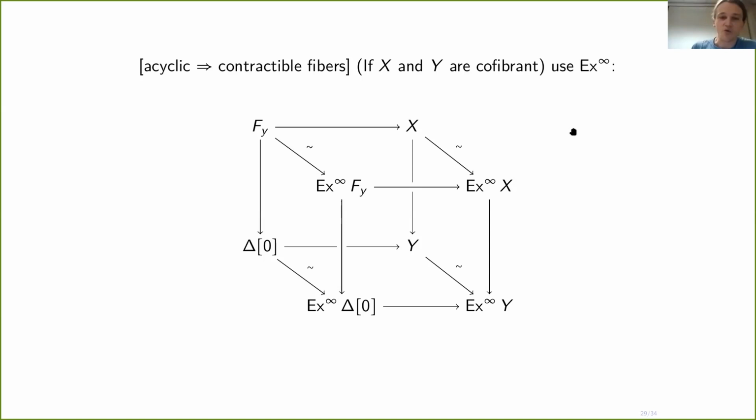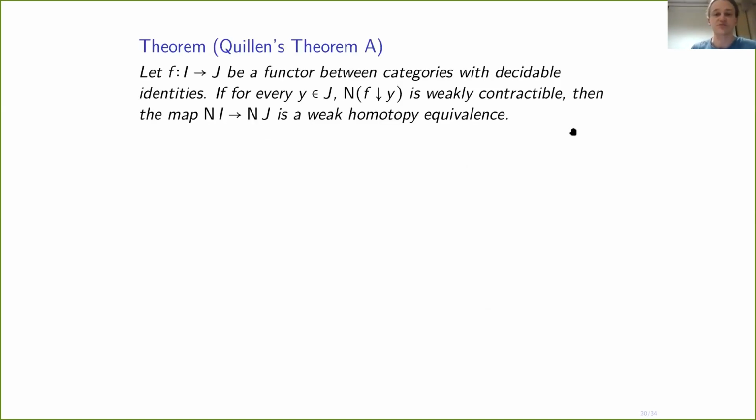So one thing that we are going to use for this is another little bit of classical simplicial homotopy theory, namely Quillen's theorem A, which says that if we have a functor between two categories, then we have a criterion for when it induces a weak homotopy equivalence on the nerves, and namely the criterion says that the nerve of every slice over every object has to be weakly contractible. And that works just as in the classical setting, except that we need to insert an assumption that this category has decidable identities.